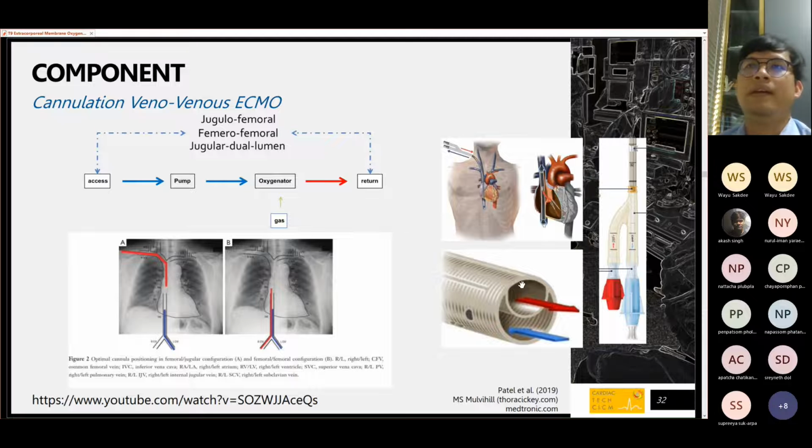Okay, here is the double lumen cannula for VV ECMO. I have a video to show you how the double lumen works. Okay, let me show you.